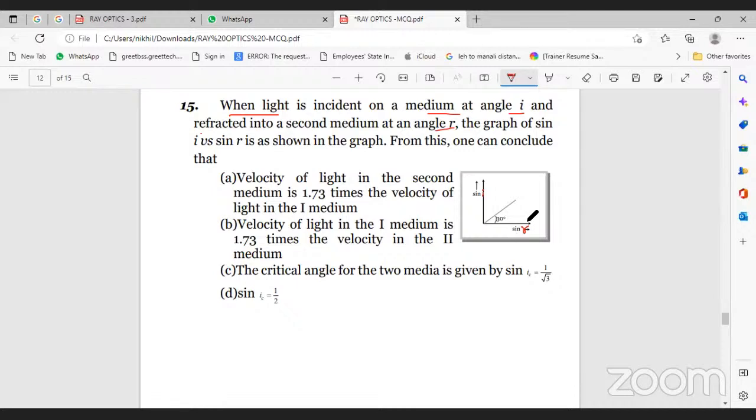There is some error in this question. We don't know which is which. Let us assume we will take sin R on the y-axis, sin I on the x-axis, because usually we are varying I. How R is changing with respect to I, we are measuring.